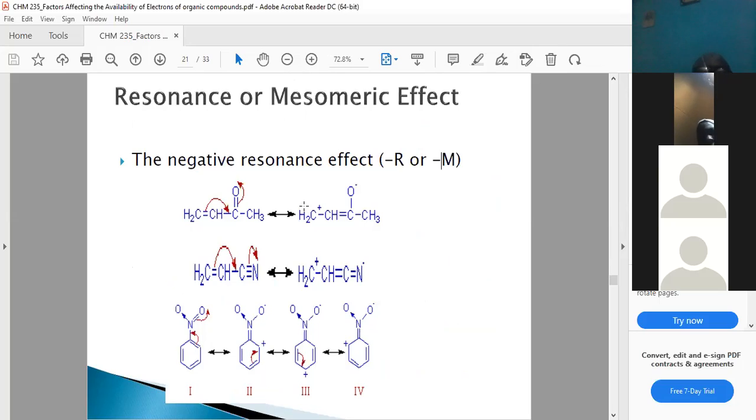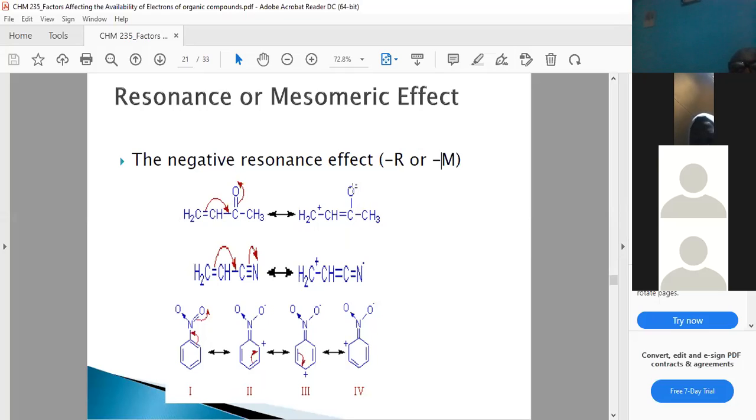And these diagrams illustrate what we mean by negative resonance or mesomeric effect. You see, here you have a carbonyl functional group, which is withdrawing electrons from this. Now, the movement of electrons is delocalized. You can see that in this molecule, you have a pi bond. That pi bond is broken and transferred to this position.